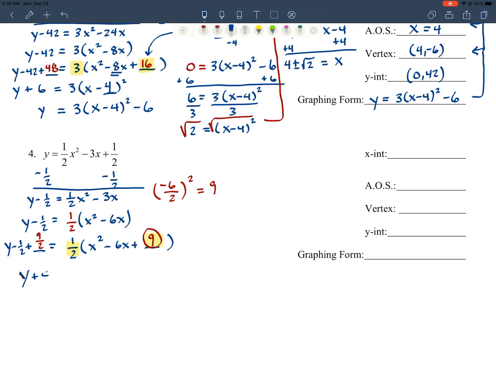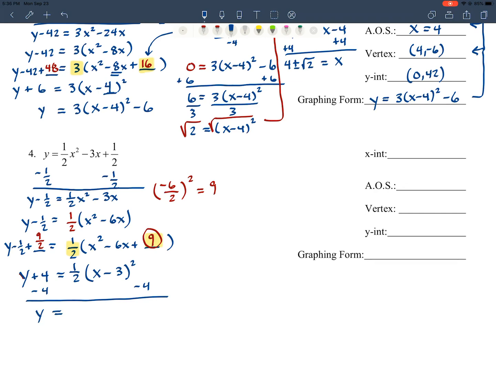So we have y plus 4 is equal to 1/2. And then our x squared minus 6x plus 9, we're going to have x minus 3, that quantity squared. And last but not least, let's just move the k value over by subtracting the 4 from each side.